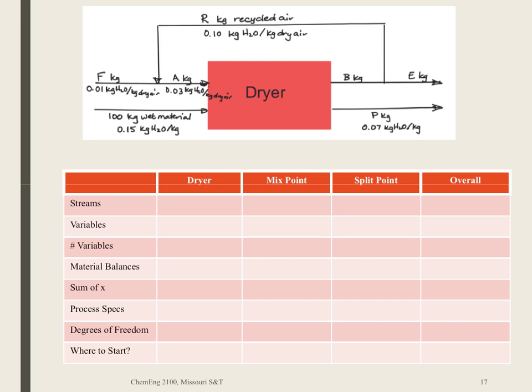So in the degrees of freedom table, I can do the dryer. I have a mixing point, I have a split point, and I have the overall system.